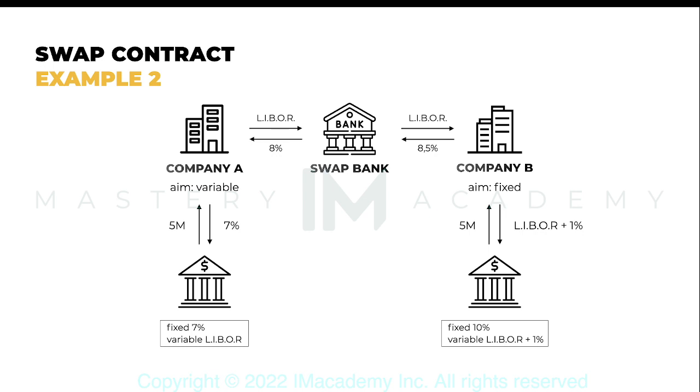8.5% on 5 million comes in, but only 8% goes out. So the swap bank is making 0.5% as its profit. You see? But 0.5% of a big amount, like $5 million, is worth having.